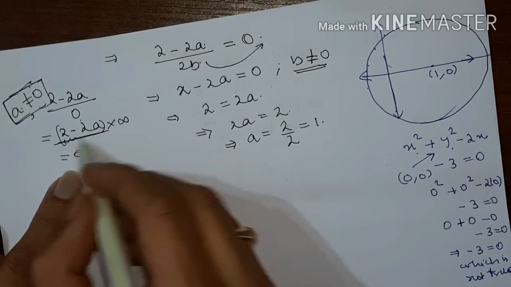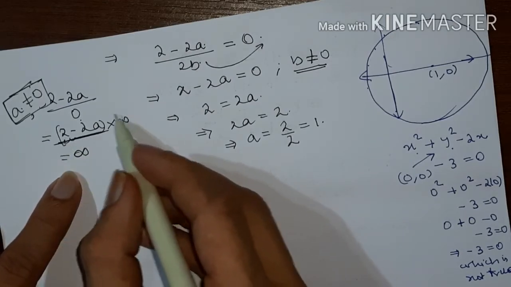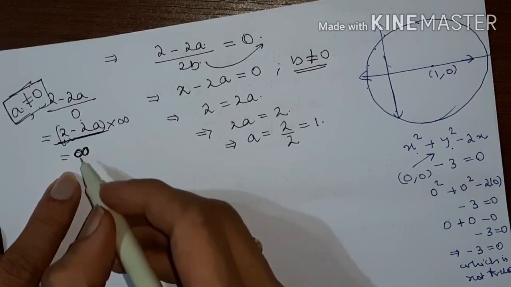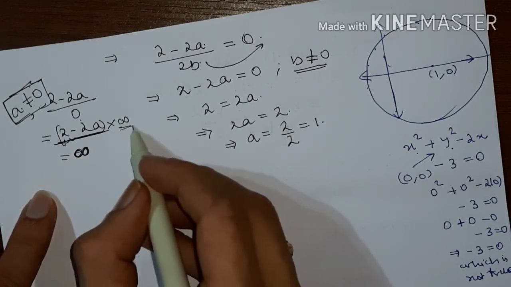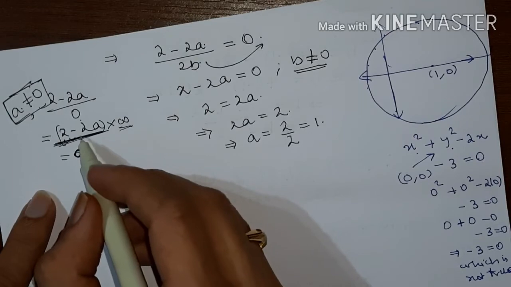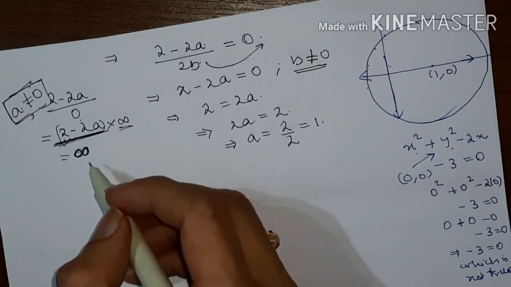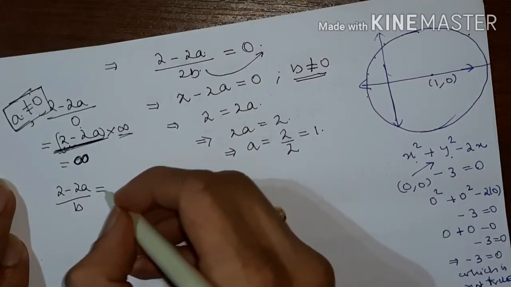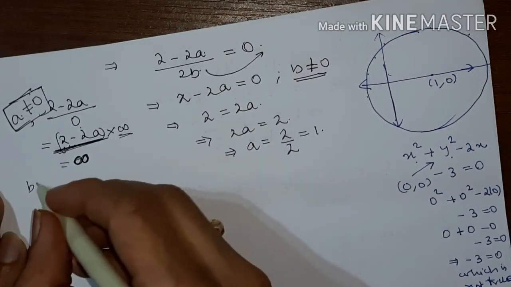So this is the finite term. So infinity multiplied by finite term will be infinity, right? So what will happen is divided by b is equal to infinity, if b is equal to 0.